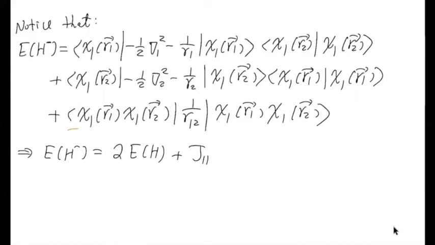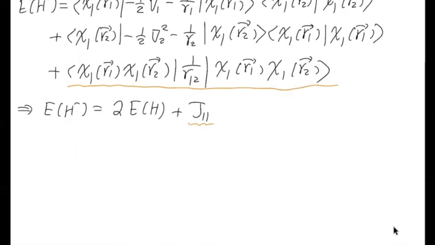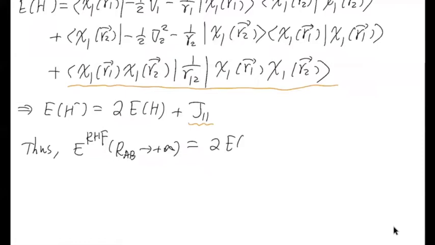This term is the definition of J11, right? 2 electrons on the same atom, and this is the repulsive interaction between these 2 electrons, right? This is J11. And therefore, the restricted Hartree-Fock energy at infinity is 2 hydrogen plus 1/2 J11.